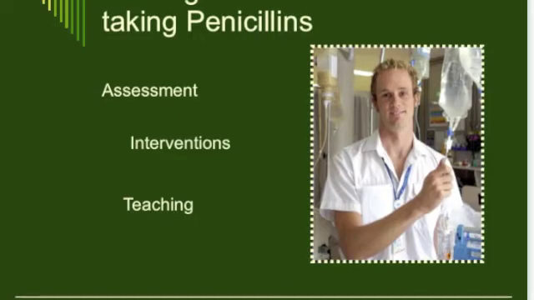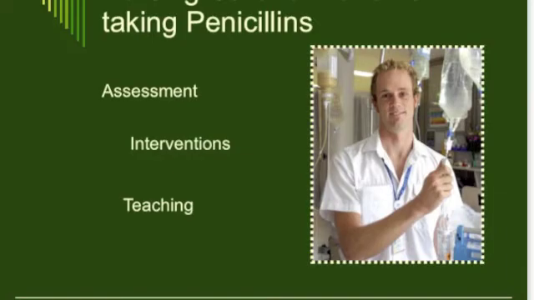Now I want you to think about the nursing care. What kind of nursing care do we need to do for the broad class of penicillins? We need to get labs. The labs need to include your liver labs, which are your AST and ALT, because this is how the drugs are metabolized. We also need to look at renal because it's excreted through that. So your renal labs, which is your BUN and creatinine.